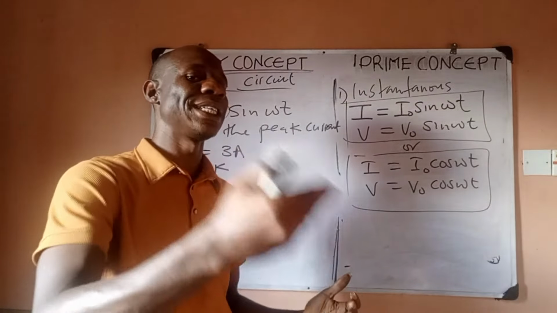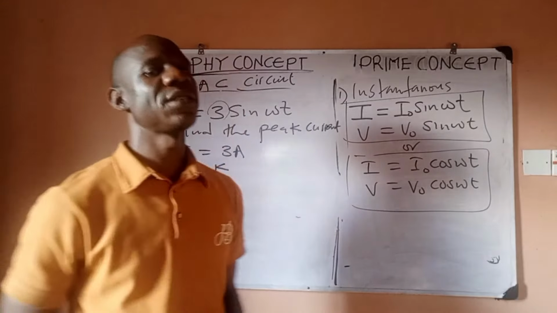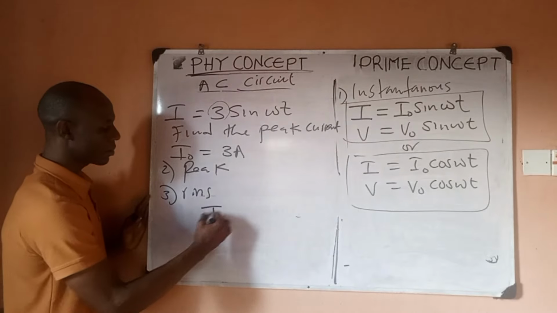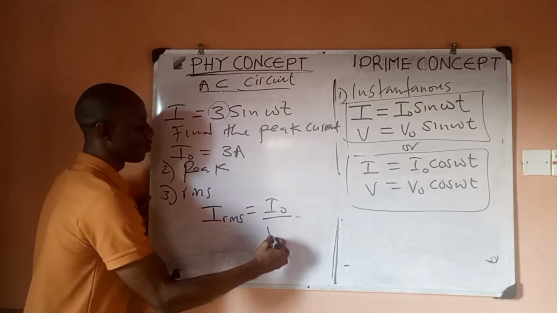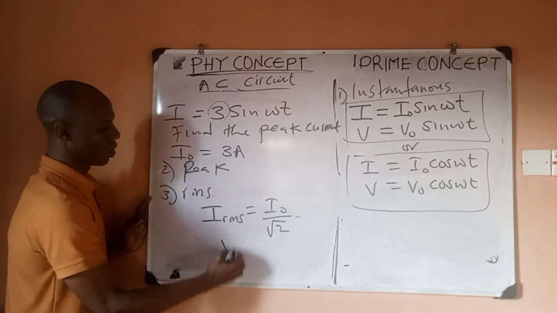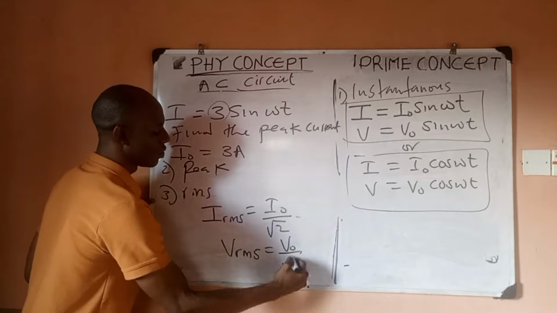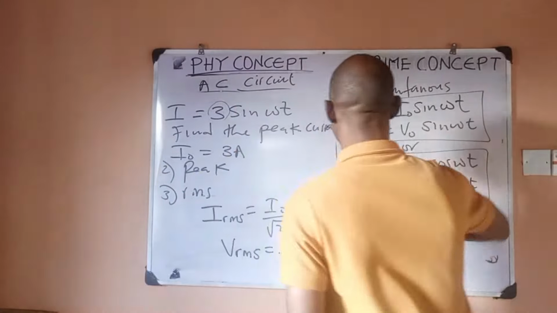When I convert an AC to DC, that DC would now be called RMS value. That's what it means. So RMS has a formula: I RMS is equal to maximum over root 2, or V RMS is equal to maximum voltage over root 2. So these are formulas for RMS that you should know.